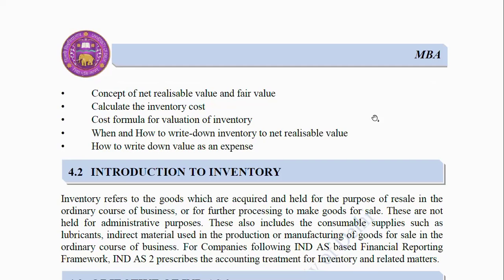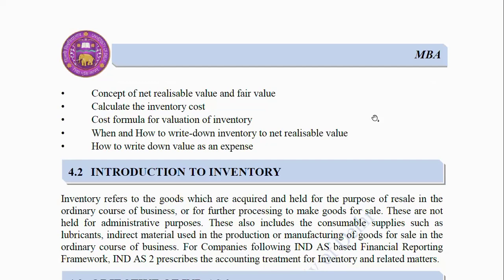4.2, Introduction to Inventory. Inventory refers to the goods which are acquired and held for the purpose of resale in the ordinary course of business or for further processing to make goods for sale. These are not held for administrative purposes.